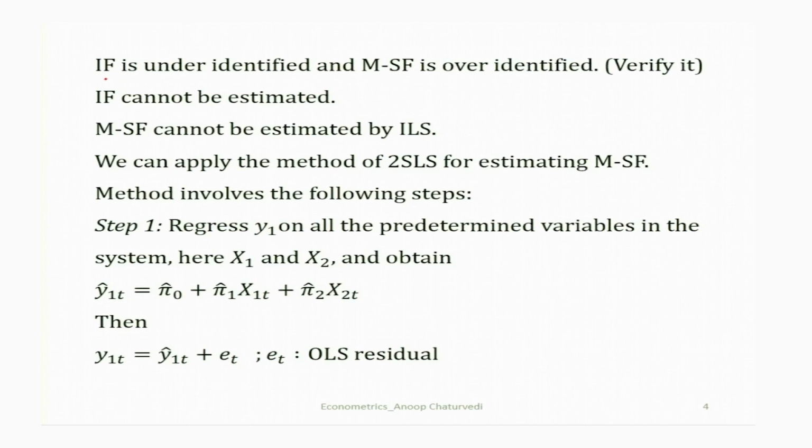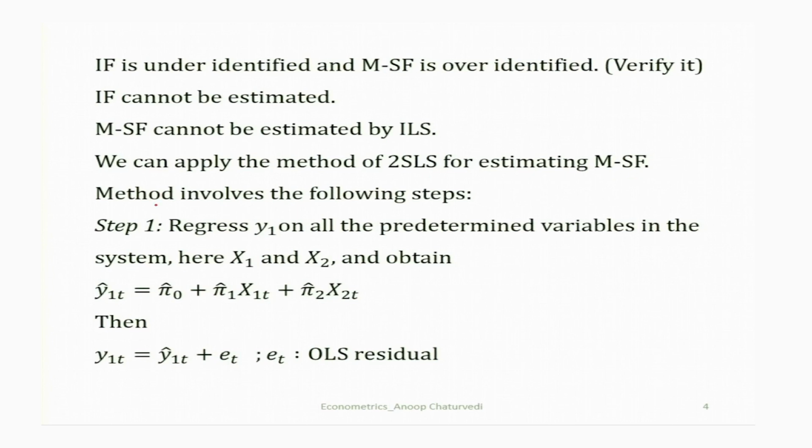Now, you can easily verify that the first equation, the income function, is under identified, and the money supply function, the second equation, is over identified. So, you cannot estimate the parameters of the first equation, and since the second equation, the money supply function, is over identified, you cannot apply the method of indirect least squares for estimating its parameters, but we can apply the method of two-stage least squares.